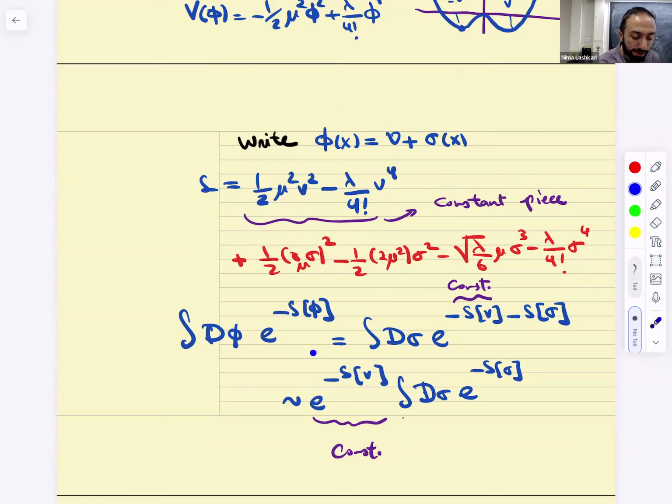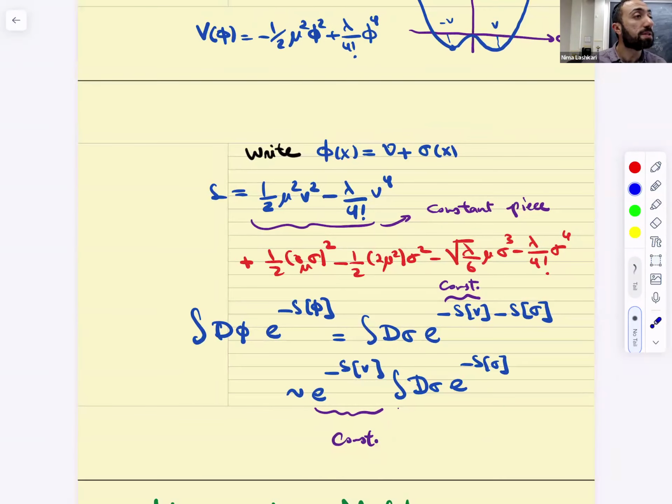Now, if I'm doing a path integral over phi, this constant piece just comes out. Path integral variation of the field phi is like variation of this shifted field sigma. So by change of variables, this is like quantization of this field up to the overall constant I've taken out. Good.